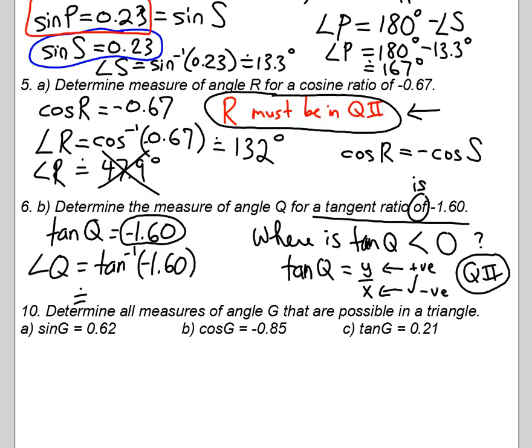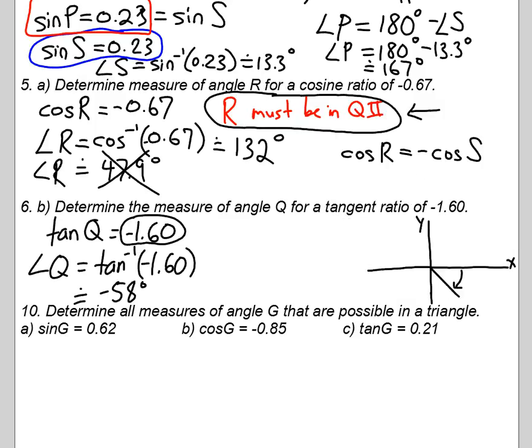Second function tan, negative 1.6, and I get negative 58 degrees. That's what the calculator gave, negative 58 degrees. Now this is a little bit troubling because we haven't introduced or defined what a negative angle is.